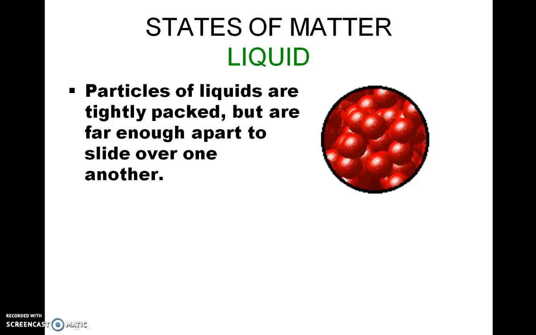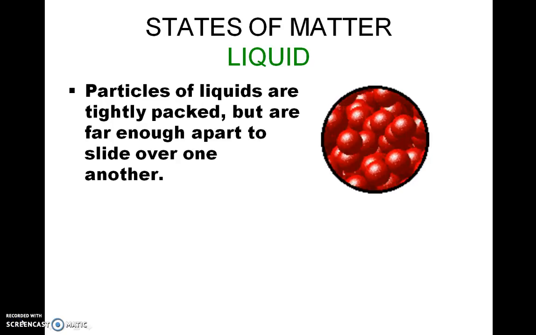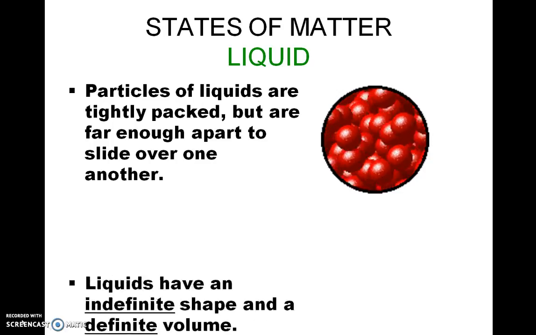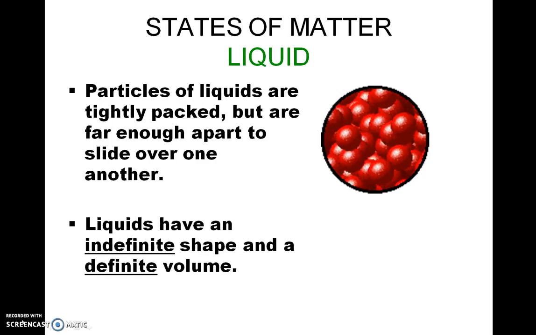Now, there are liquids. The particles of liquids are tightly packed, but are far enough apart to slide over one another. Which is why you cannot hold water, because since our hands are solids, the particles of water just slip through our hands. Liquids have indefinite shape, but definite volume.